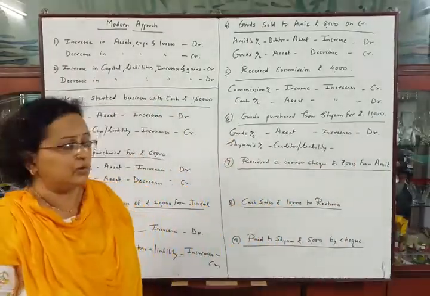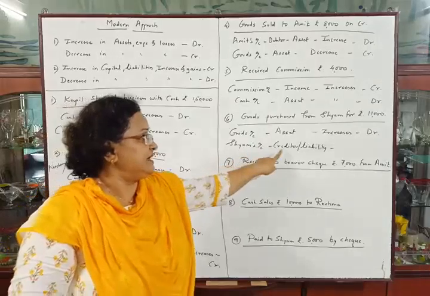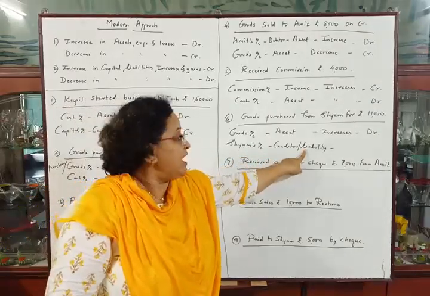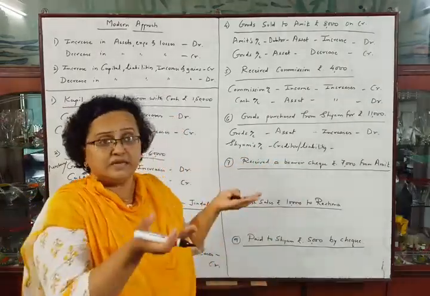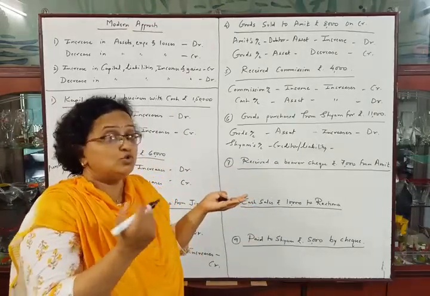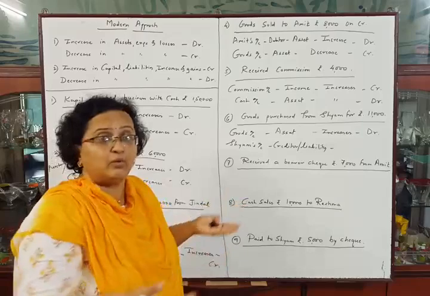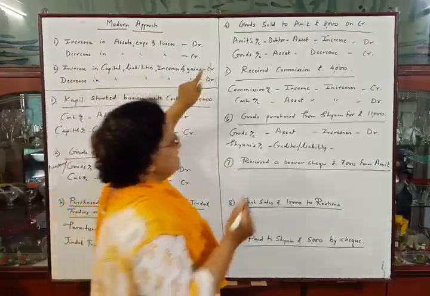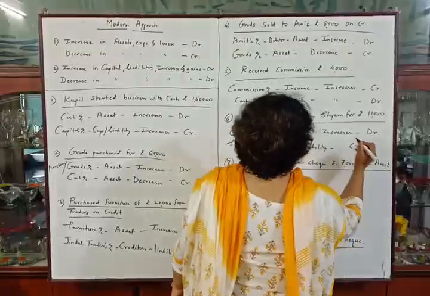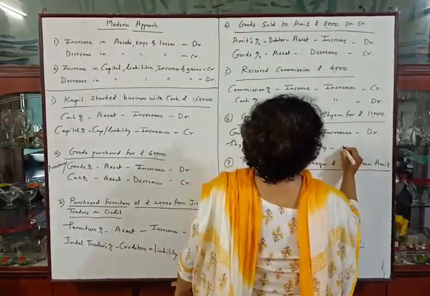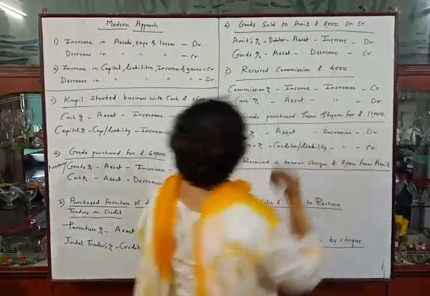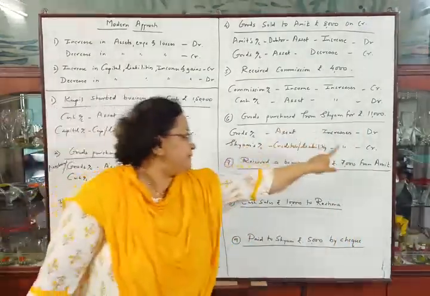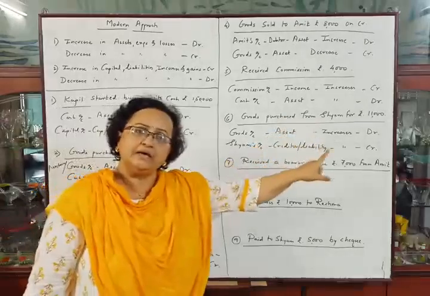Now Sham's account, as he is a creditor, it's our liability, and our liability is increasing because we are purchasing goods on credit, so payable amount is increasing. So if there is increase in liability, it should be credited, so it also increases, credit. So goods account will be debited and Sham's account will be credited.